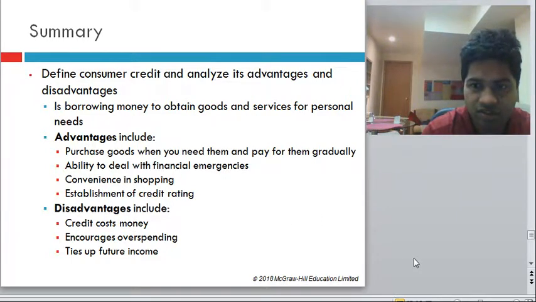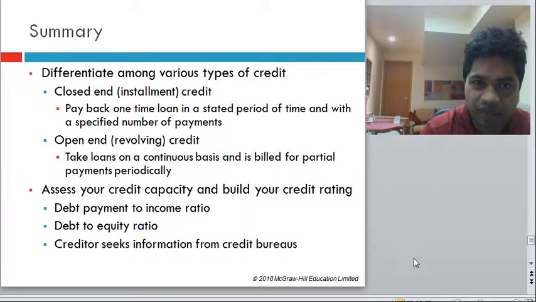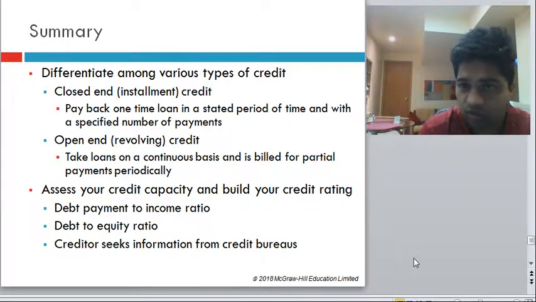But credit costs money, encourages overspending, and ties up your future income. We have seen closed-ended installment credit and revolving credit. Closed-ended means you use credit and you pay in installments; you buy certain things and pay installments on it. Open-ended means you have a credit limit, and whatever you use you pay interest on.